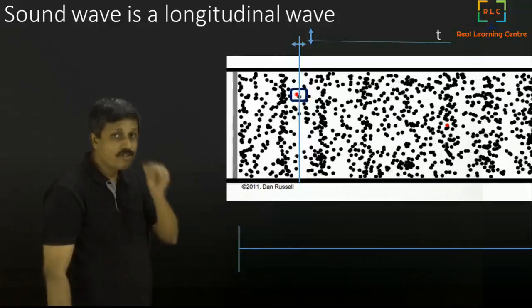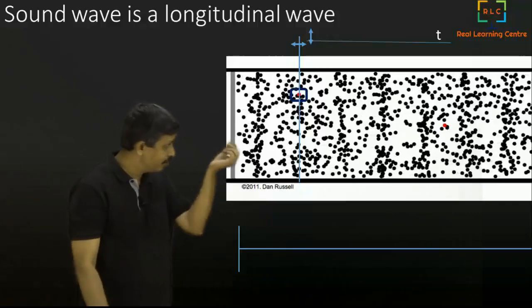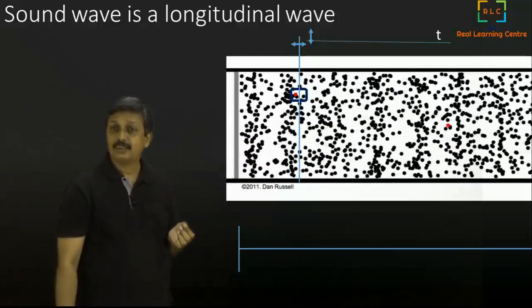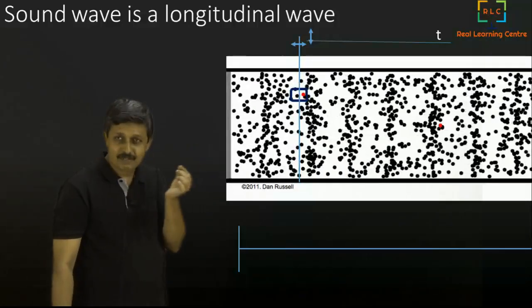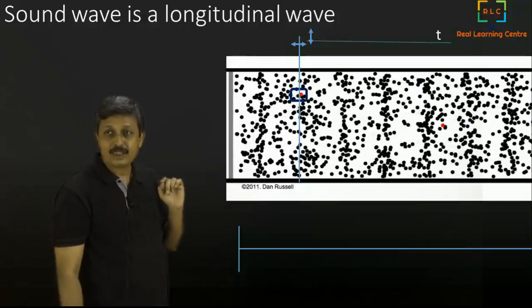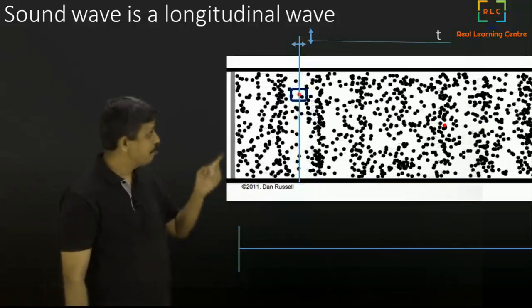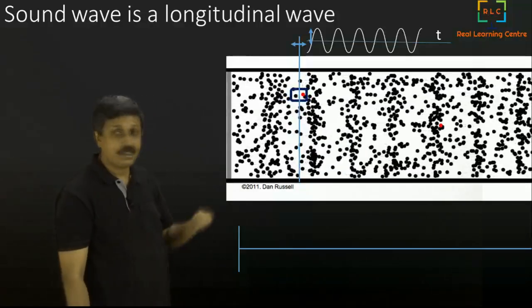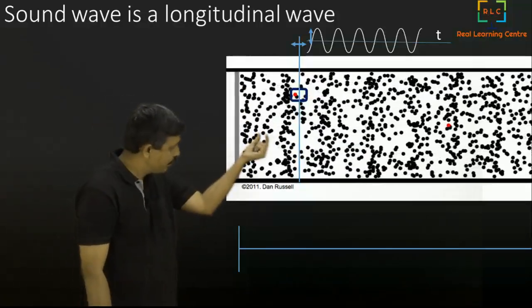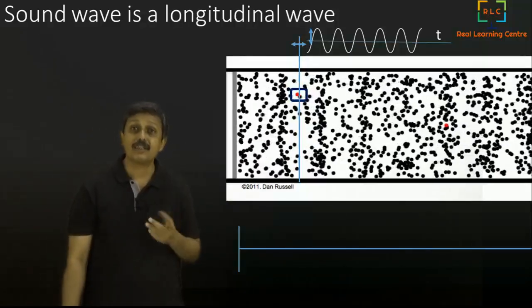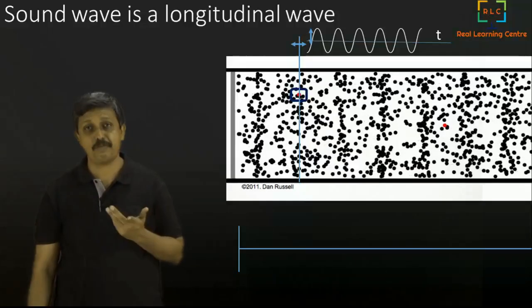There is one single particle, maybe the red particle, which is just vibrating, not going in. If you take the vibration of one of the particles and plot it with respect to time, it will look like a small sine wave, and the peak of the sine wave is nothing but the peak of the wave displacement. That is how we can plot the displacement with respect to time.